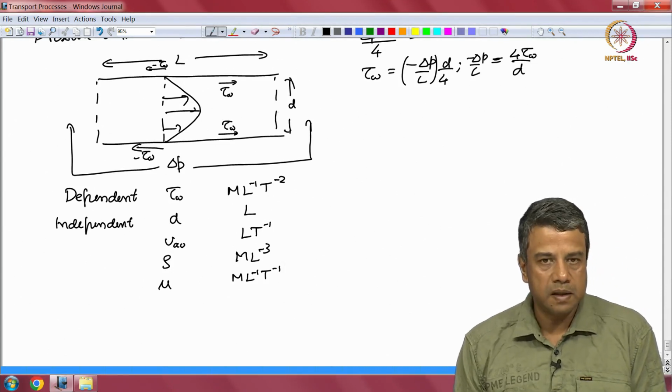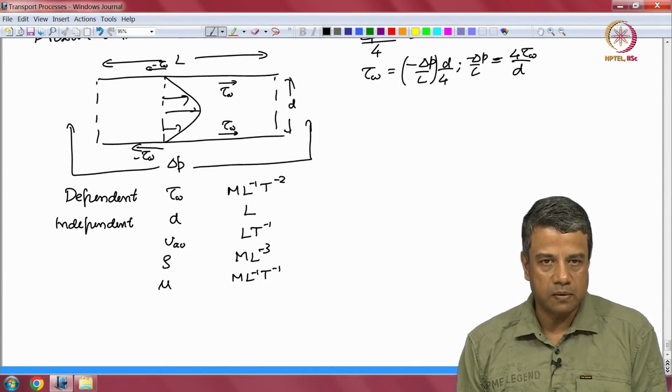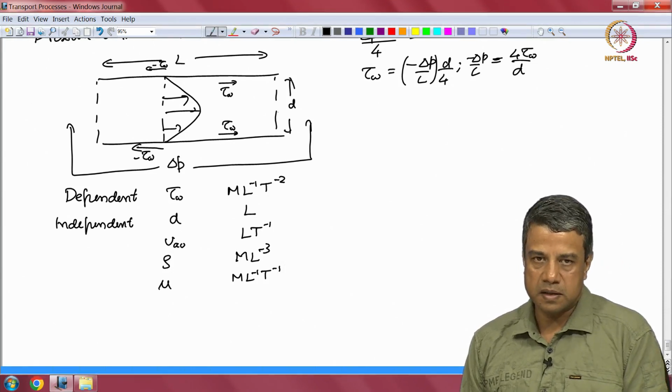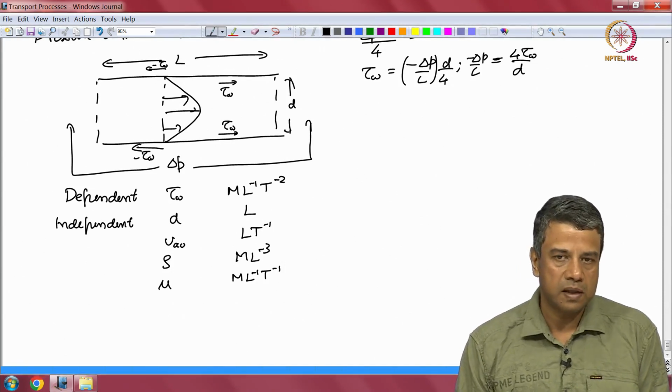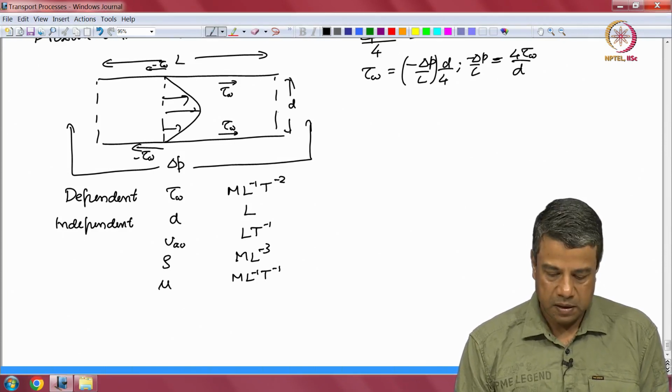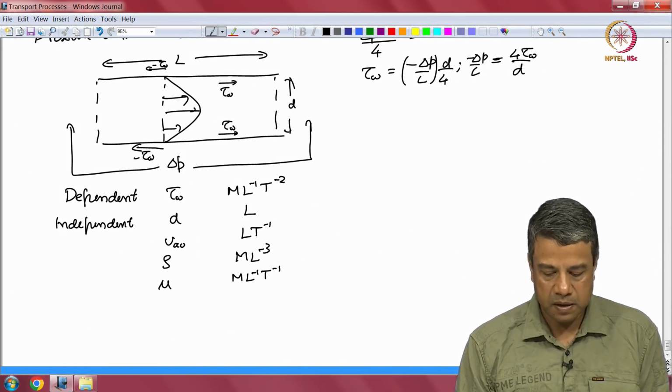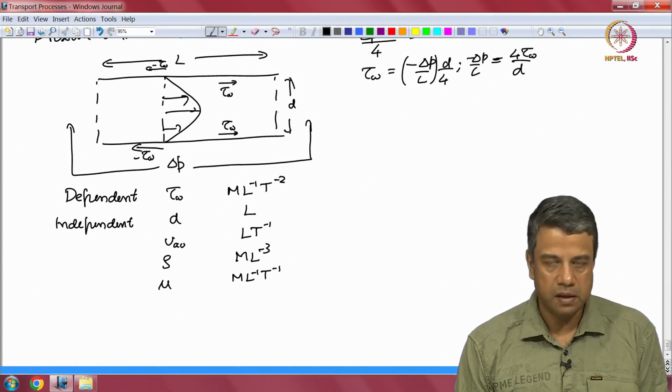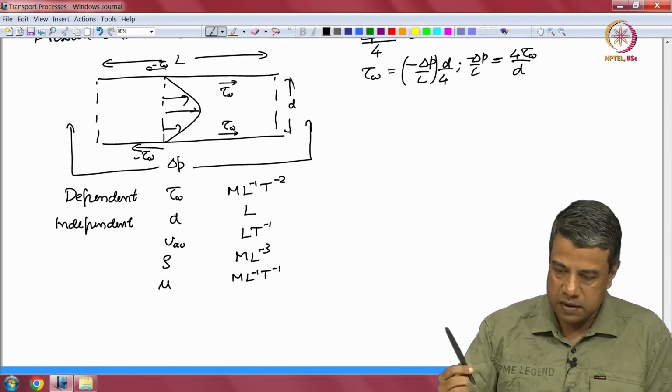So, I have one dependent and 4 independent quantities, 3 dimensions, therefore, I will have one dependent and one independent dimensionless group. The independent dimensionless group contains rho, V, D and mu, and that is of course the Reynolds number.